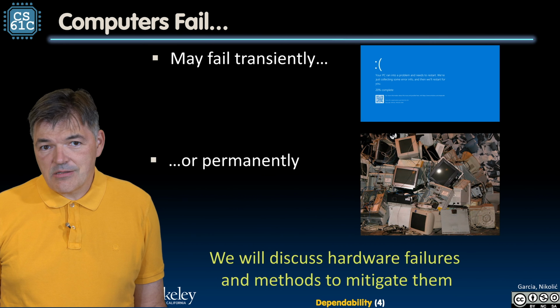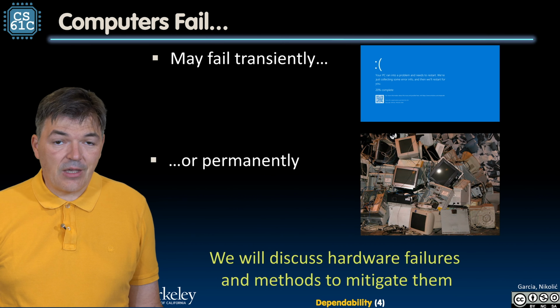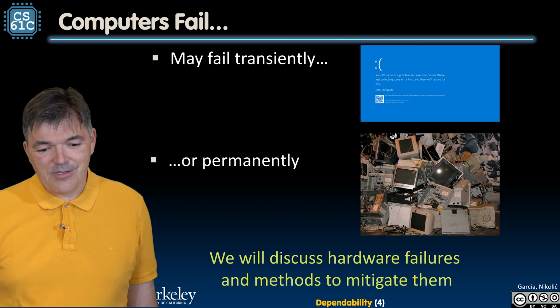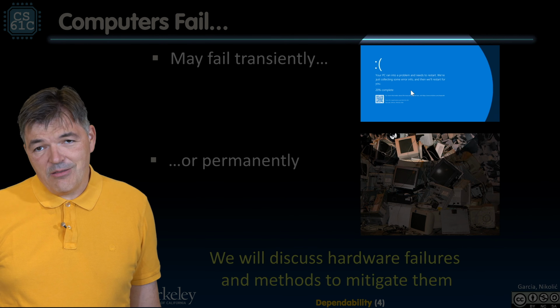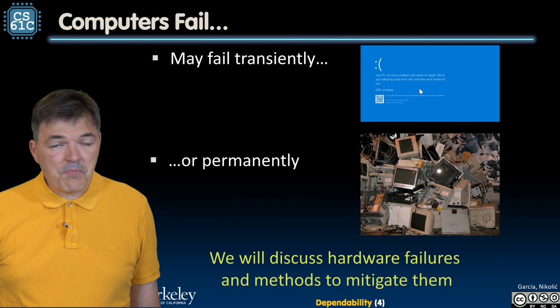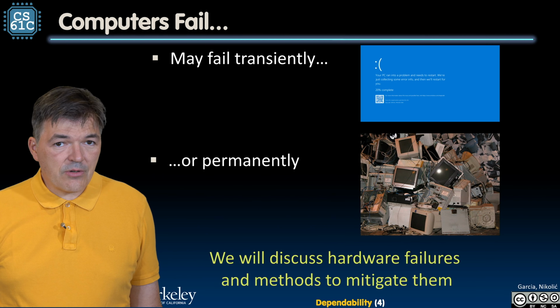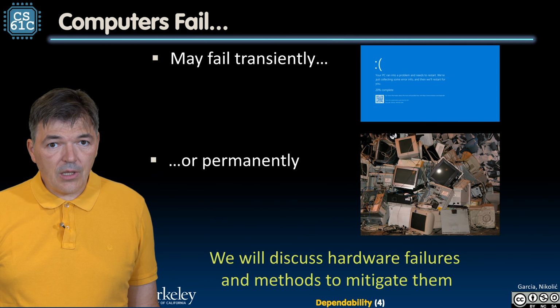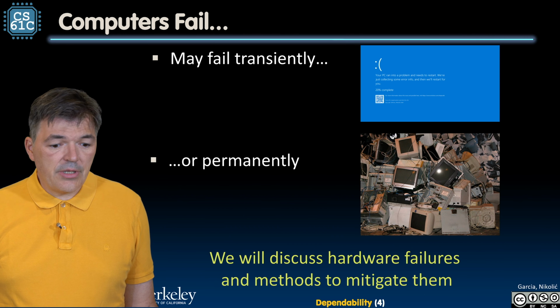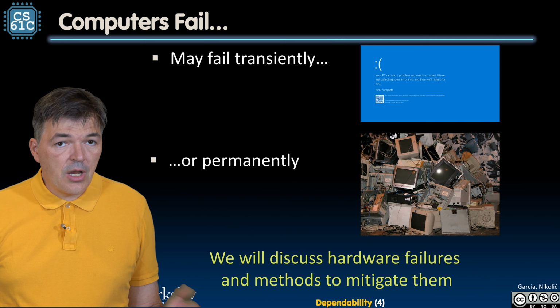But the fact is that the computers fail. They might fail transiently, and we have seen before, I'm afraid, these blue screens of death and many other failure modes for computers. Often, after a computer crashes, it can come back, and we'll call that a transient mode of failure.